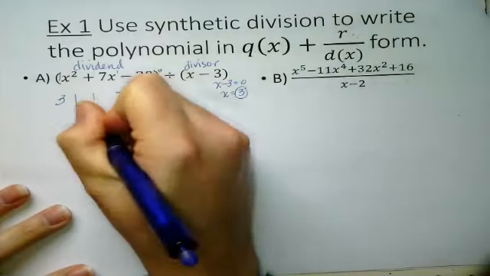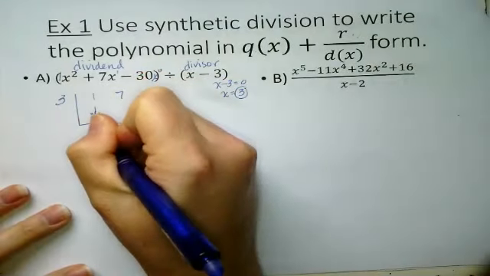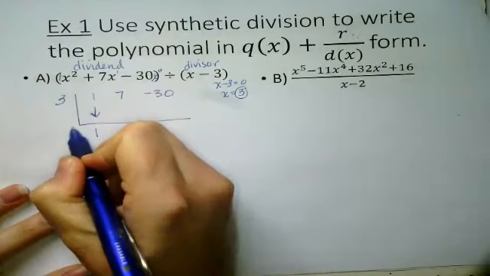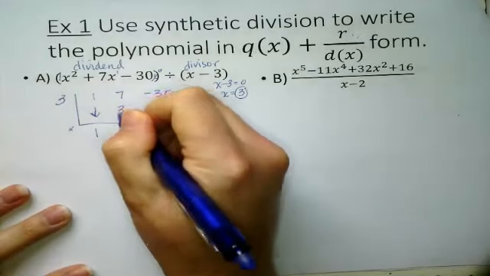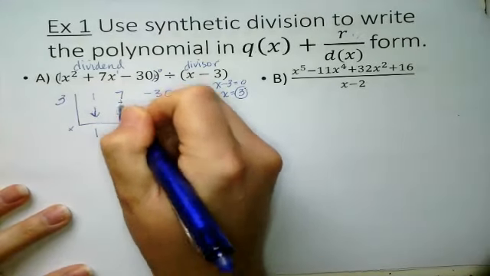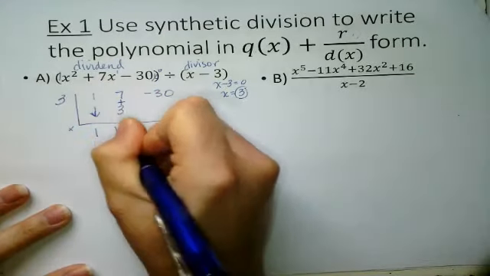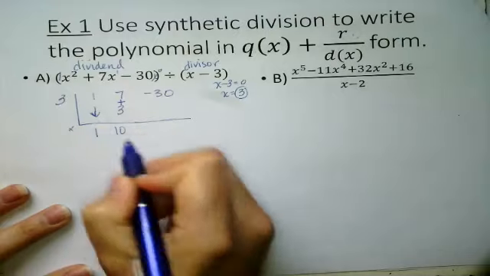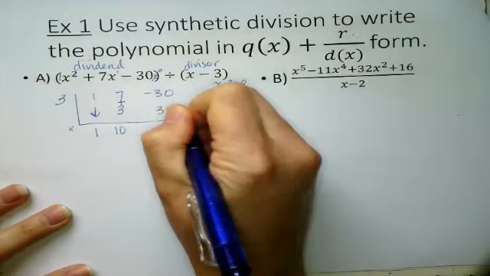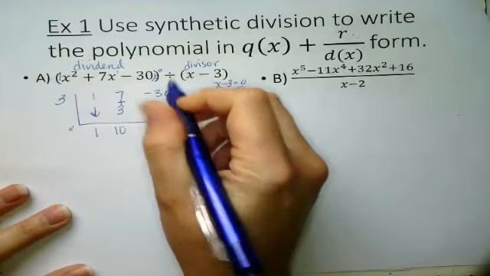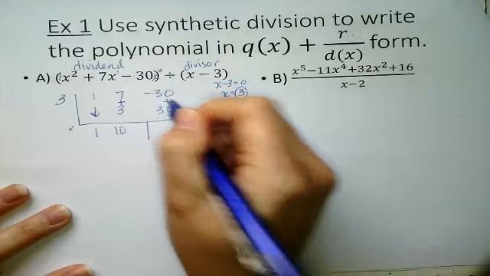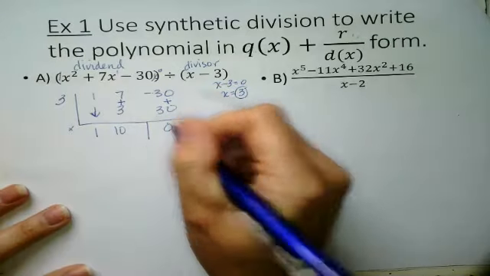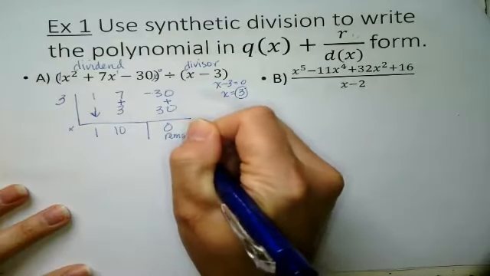So always, you bring down your first number, and then we multiply. 1 times 3 is 3, and we combine: 7 plus 3 gives you 10. Then we multiply: 3 times 10 is 30, and negative 30 plus 30 is 0. So this is always your remainder.